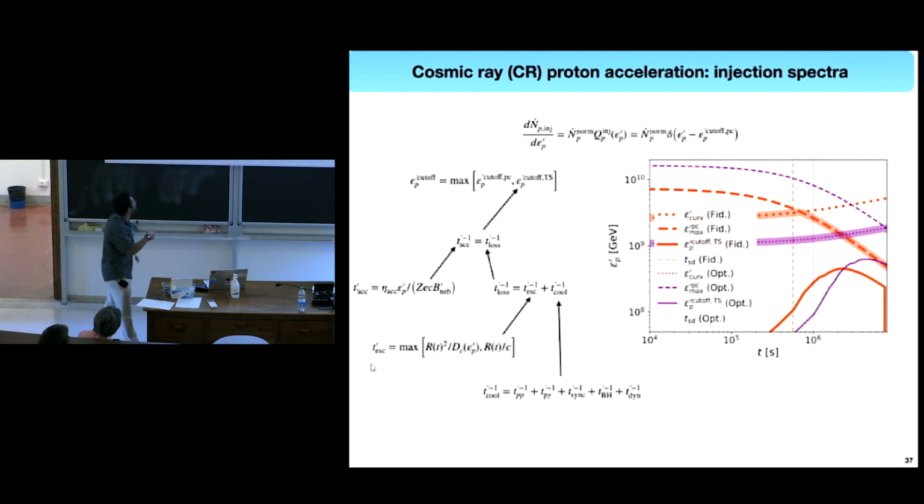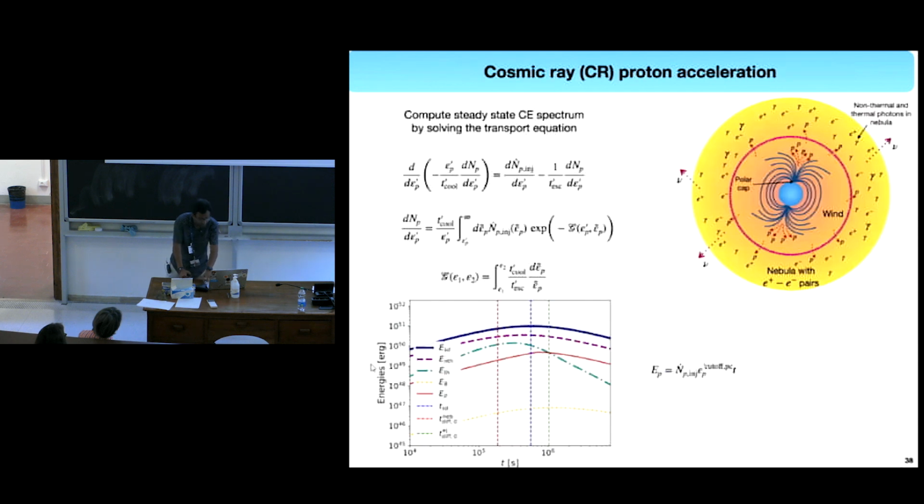In the cooling time scale, you have pp, p-gamma, synchrotron, Bethe-Heitler, and the dynamical losses. You do all of that, and that gives you this curve that you see over here for the fiducial case. The main takeaway message from discussing all of this is the final cutoff energy doesn't really care about the acceleration at the termination shock for our parameters, because you see this is always much less. So in this particular system, we only have particle acceleration in the polar cap region.